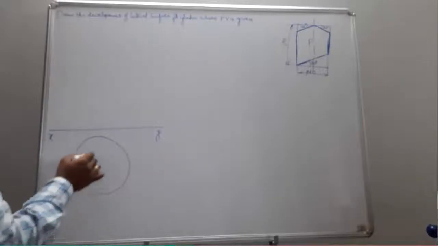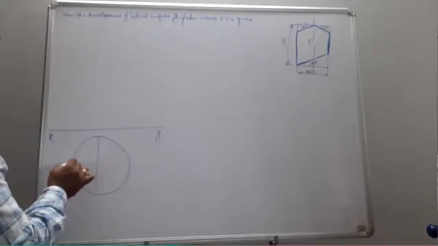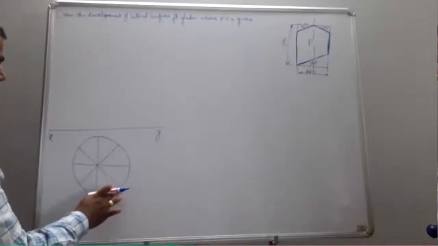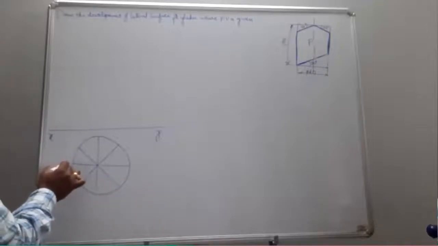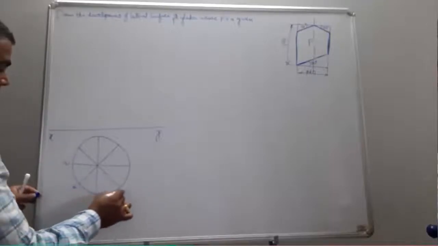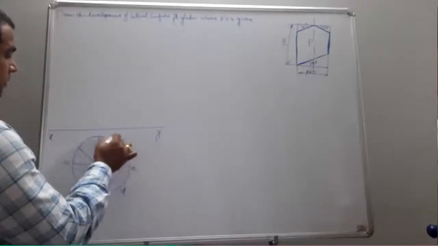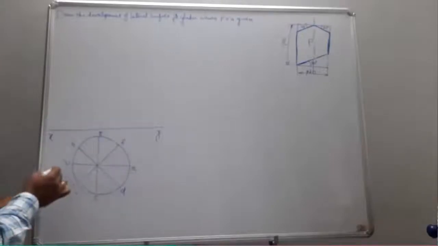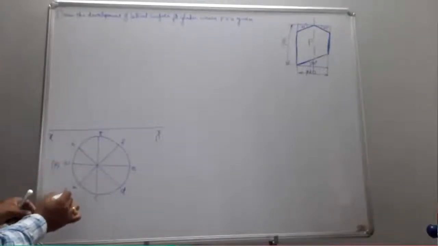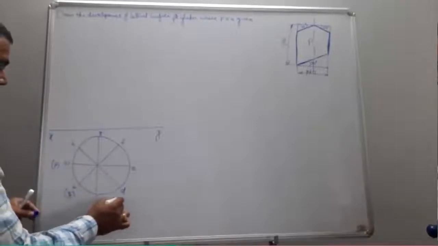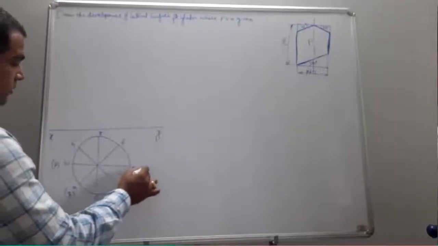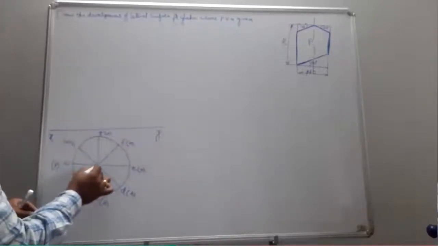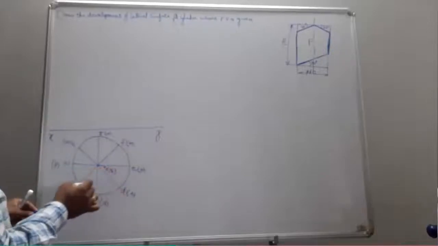For my convenience, I divide my circle into 8 equal divisions: A, B, C, D, E, F, G, H. The bottom base is P, Q, R, S, T, U, V and W, with centers O1 and O2.